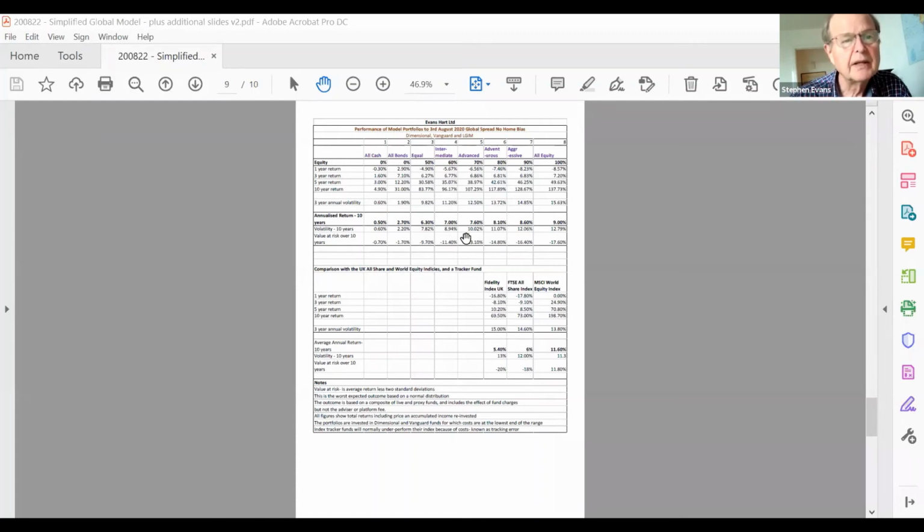And if you'd gone into an all equity portfolio with our same structure of the models, that would have given 9% per annum, but you would have had a much more volatile and risky portfolio with more downs and ups along the way.